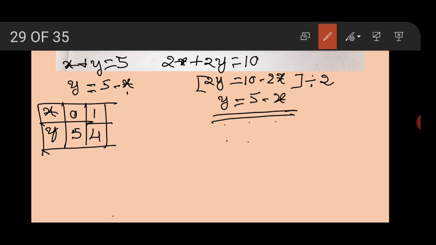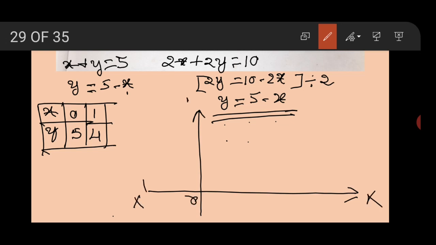Then plot it on the graph. X'OX, Y'OY, 1, 2. The maximum value of y is 5, so I have to write up to 5, 4, 5. Yes, this is enough.